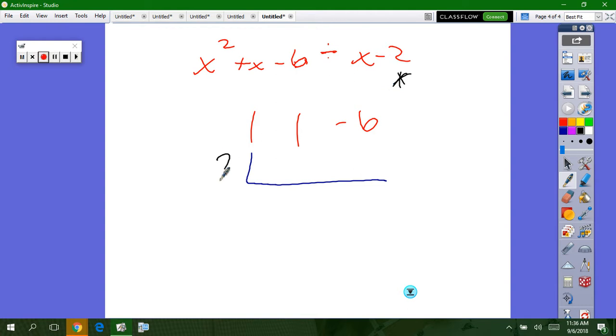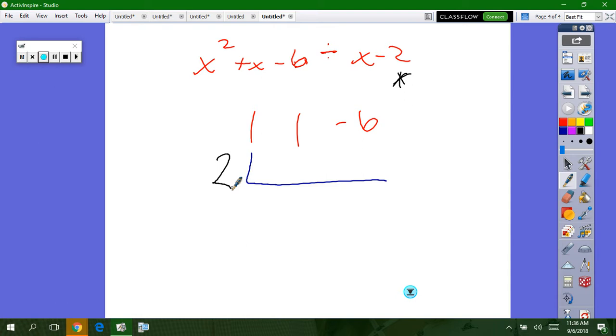Positive 2. So if you recall, when we just did long division, I had to subtract, didn't I? I would times the two numbers and I would subtract. But because in a way I've already negated my division problem, because on top it's x minus 2, but what am I dividing by? 2, so it's kind of like the opposite of what I already see. Makes sense to everybody? I don't have to subtract, I'm going to add.